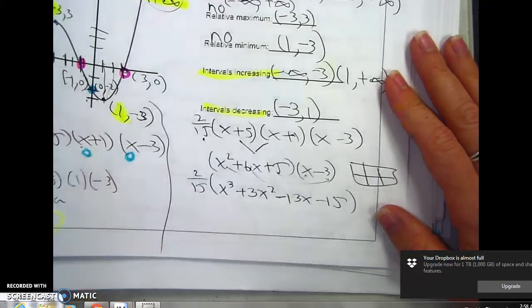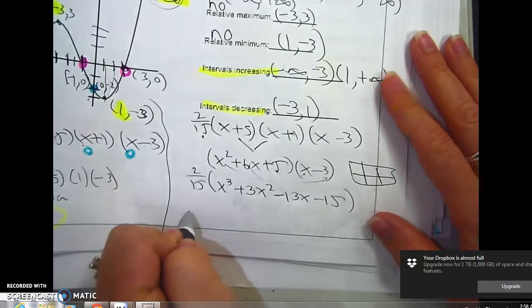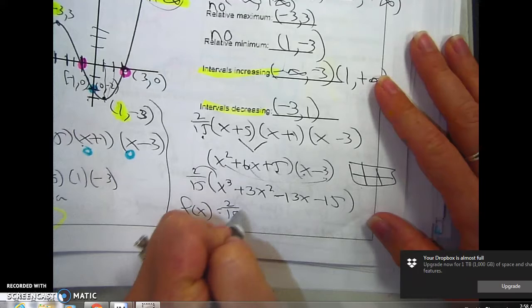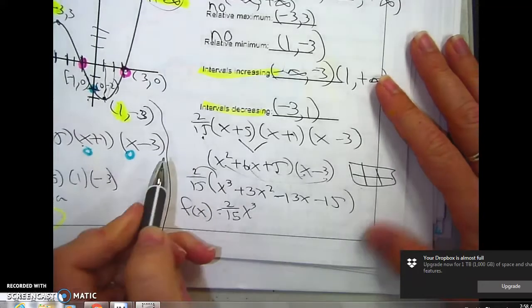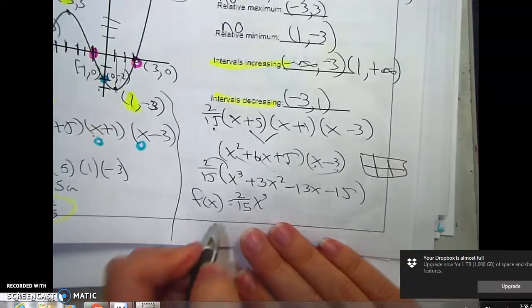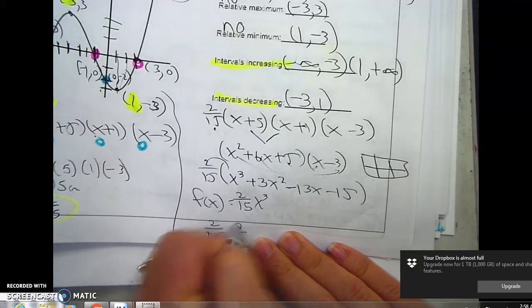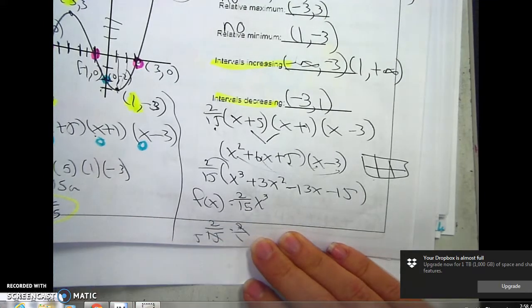Then multiply that by 2/15. Therefore, my answer is f of x equals, distribute, 2/15 x cubed. Now, this one's definitely more of a pain. I haven't seen the test, so I don't know if it's going to be a pain. Times 3 over 1. 3 goes into 15 5 times.